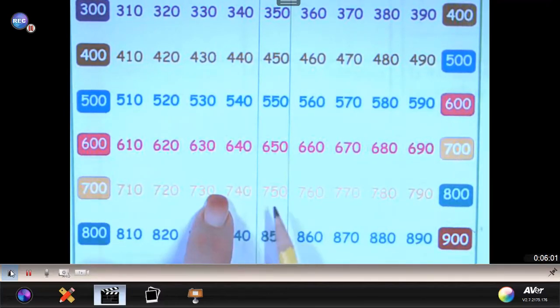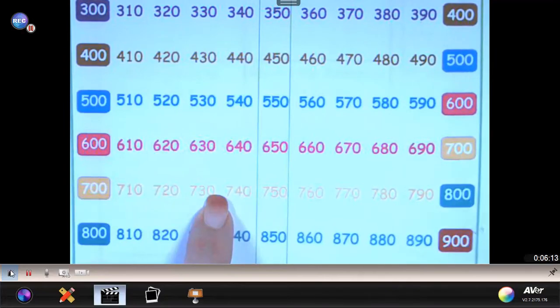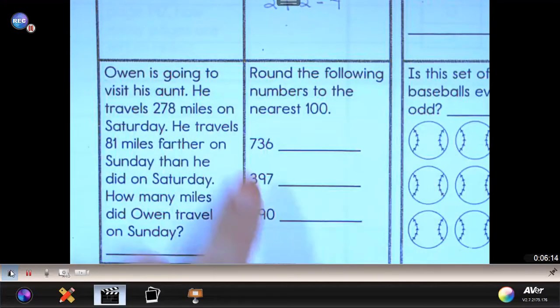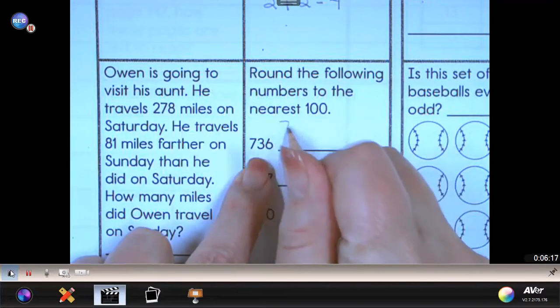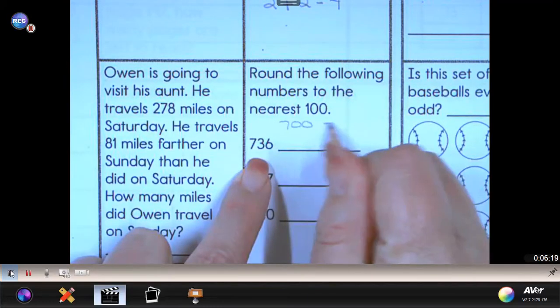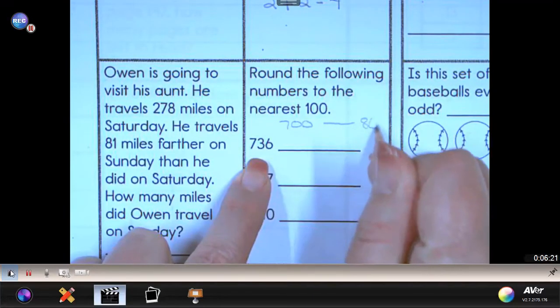Now we're not rounding to the closest 10, but if you notice on the left end of this row and the right end of this row, we have our hundreds. So we know that 736 is going to be between 700 and 800.